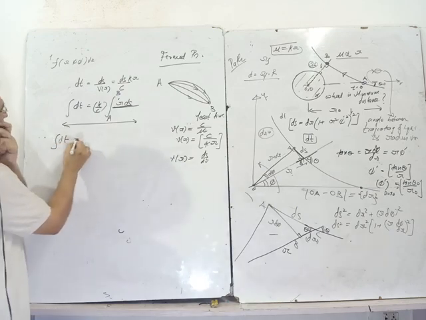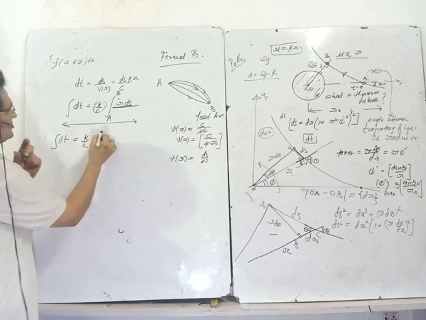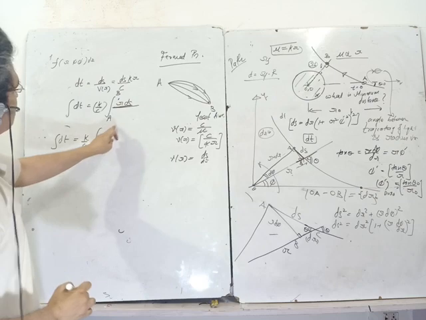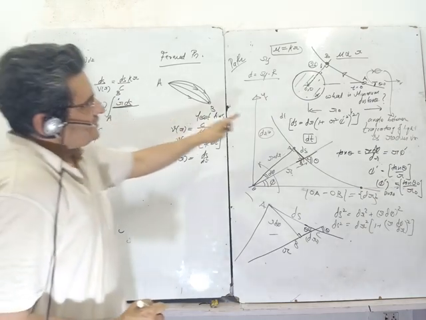dt is equal to K upon C is constant, again not relevant, and this is R times ds, and ds is that.